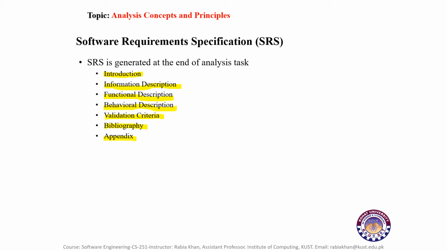So this is the segment-wise division of the software requirement specification. Every segment is important. You need to mention proper details of the requirements and the software specification in order to have a proper review of this document by the customer.